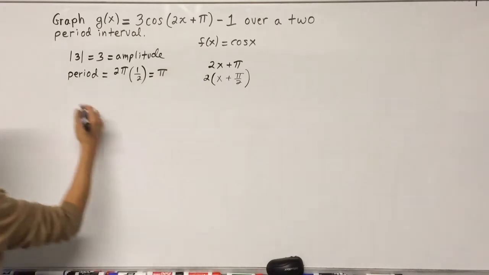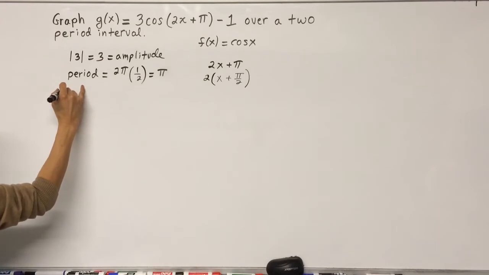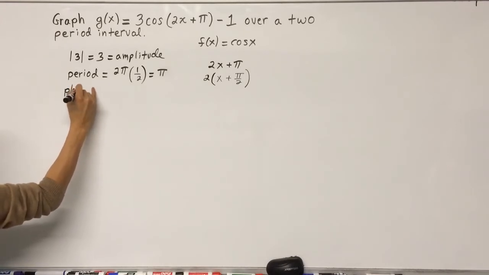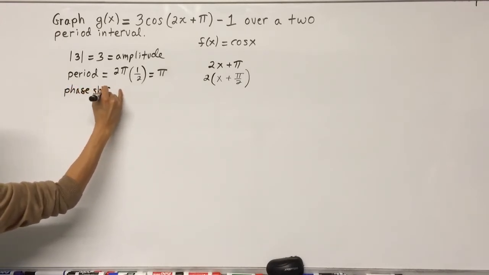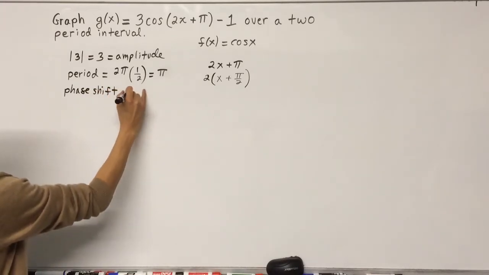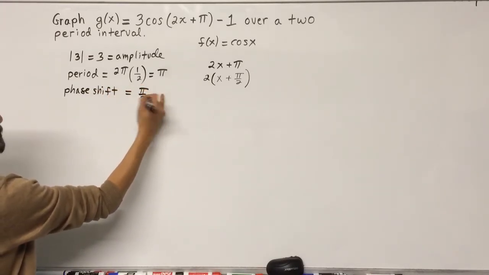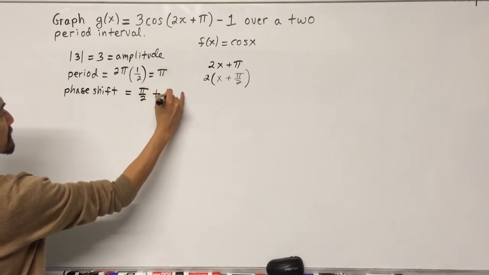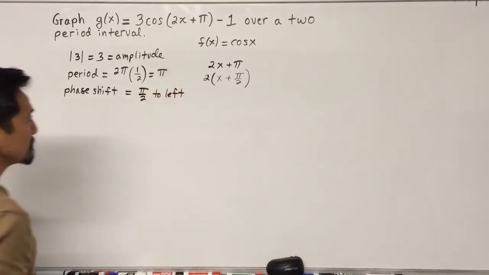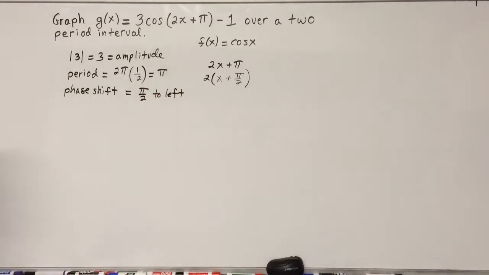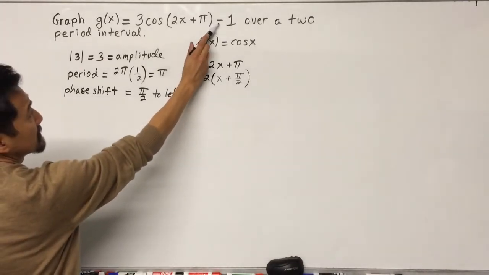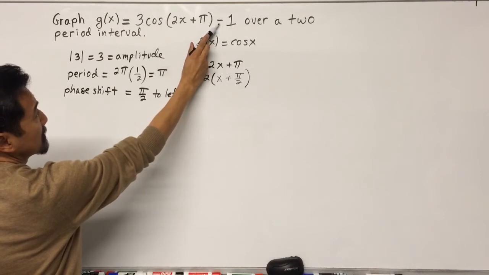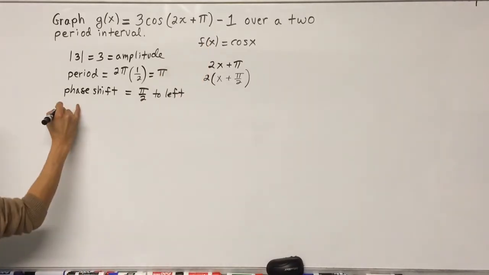Okay, so what I have is a horizontal shift, or what we call the phase shift, and that's going to be pi over 2 units to the left, okay? Because we are adding to that x inside. And then lastly, we have this minus 1, which means that we have a vertical shift.